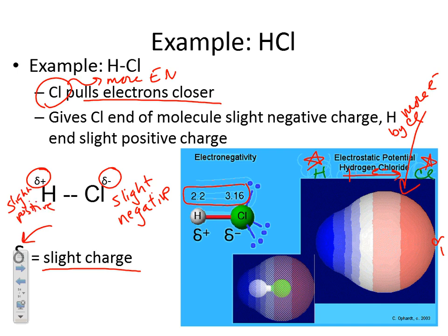So the bond is not equal. The bond is different; the bond is asymmetrical. The electrons are being pulled towards the more electronegative atom, so there are fewer electrons by the hydrogen. So it's slightly positive. Not a whole positive, just a little bit positive.